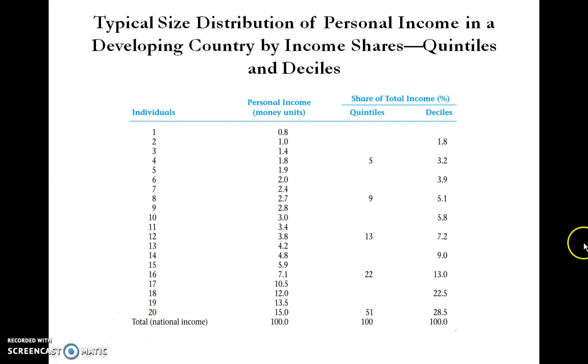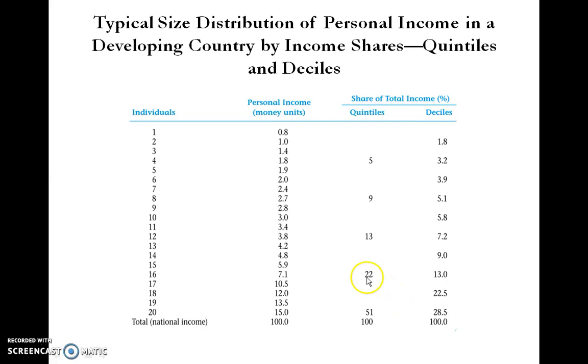So if we look at this table here of an example of a developing country with about 20 individuals in it, they are all lined up from the poorest to the richest in terms of their personal income. If you want to look at quintiles, we can see here in quintile 1, which is the poorest 20% of the population, their share of total income is 5%.